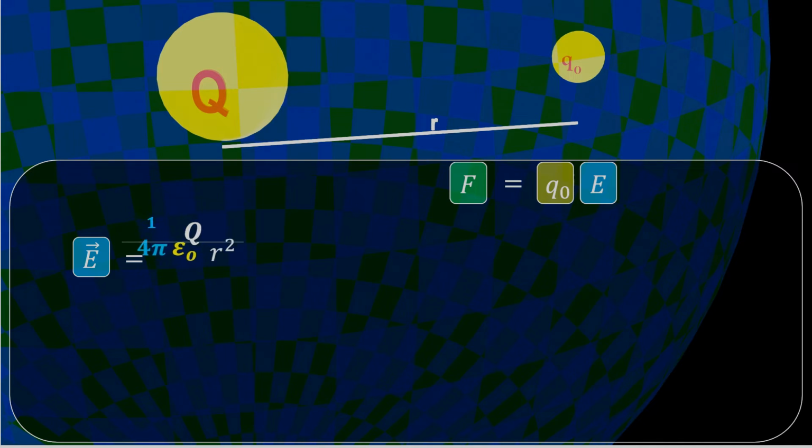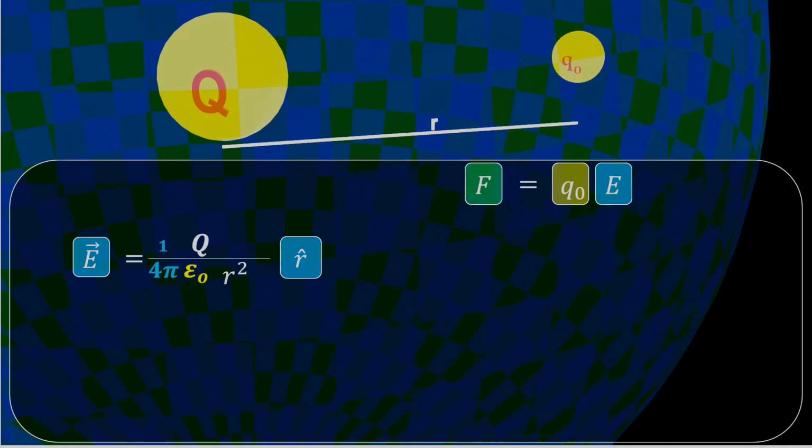Then we will have the equation for electric field created by the source charge Q. However, electric field is a vector quantity, so we need to multiply this equation by the unit vector r cap to indicate its direction. In this equation, we can see that test charge Q naught does not appear in the equation for the electric field created by the source charge. This means that the electric field created by the source charge is entirely independent of the test charge Q naught.